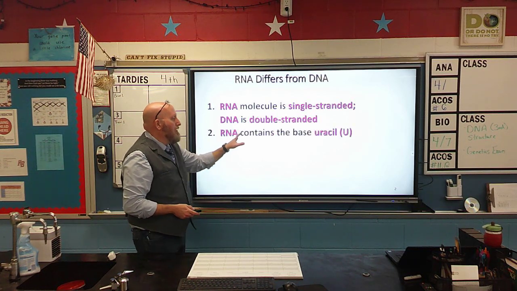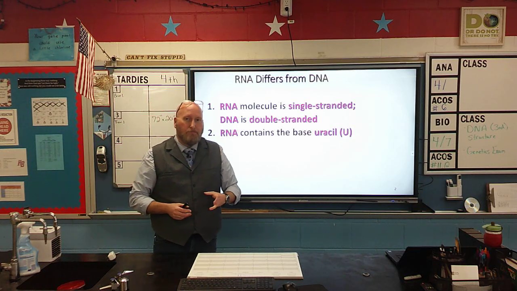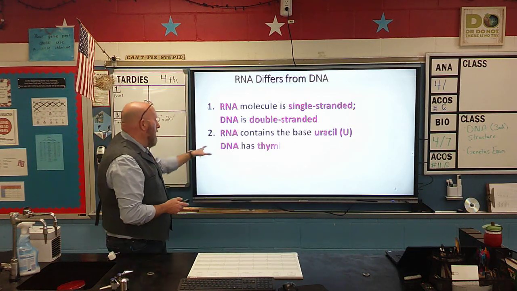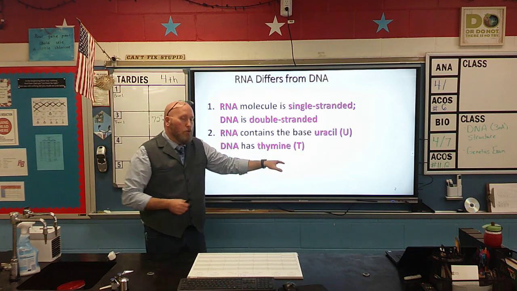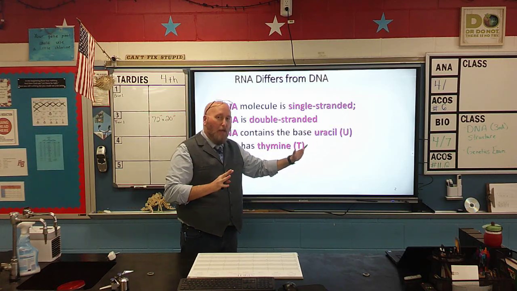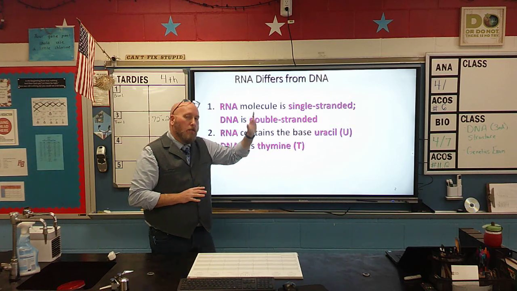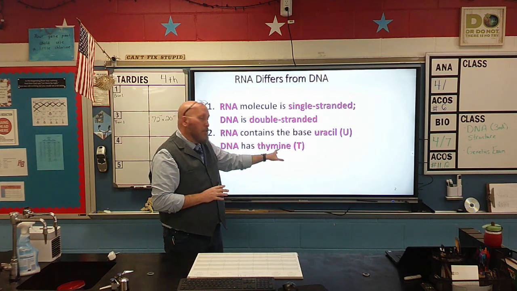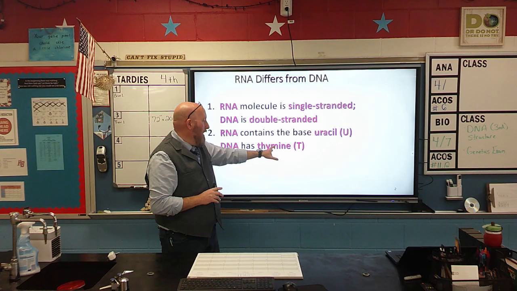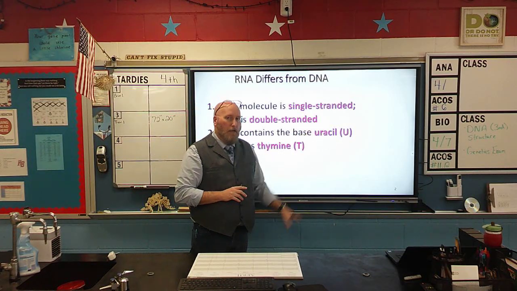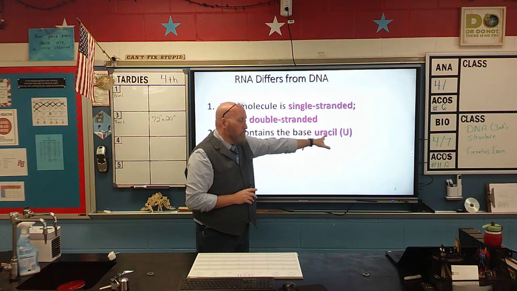RNA also contains a base called uracil, okay? In DNA, we had the base thymine. So, and we'll see this a little bit later in some more videos, you will not see uracil in DNA. But conversely, you will not see thymine in RNA, okay? Uracil replaces thymine.